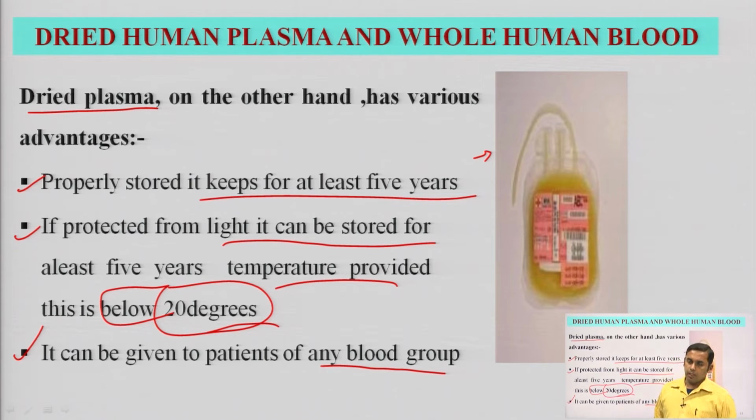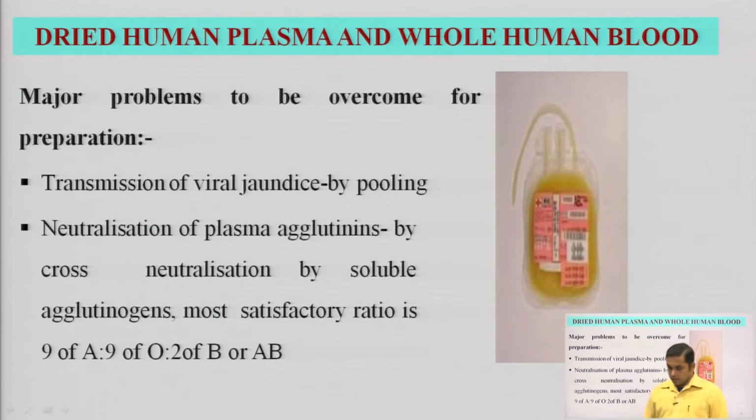So, we have to take the help of electricity, air conditioning and other facilities to maintain 4 to 6 degrees centigrade, but 20 degrees centigrade is not a very difficult task, we can manage it. That is why dried human plasma has lots of advantages.